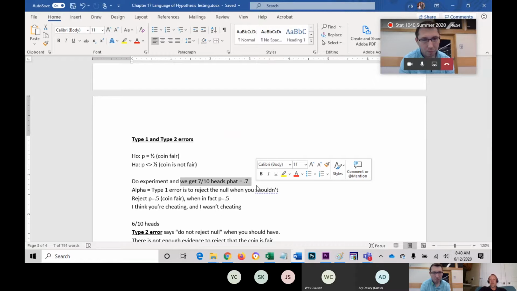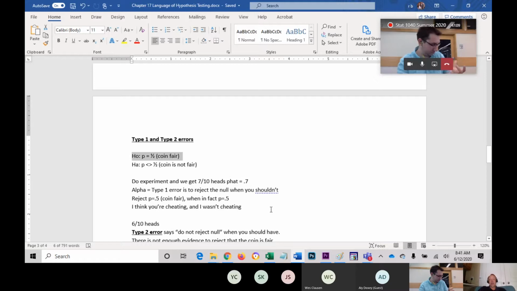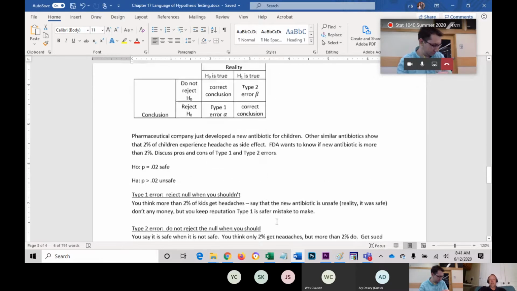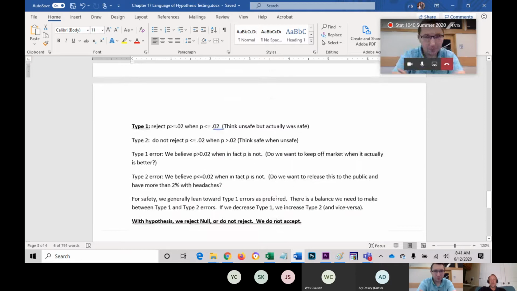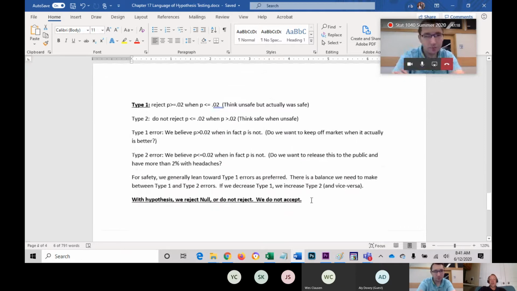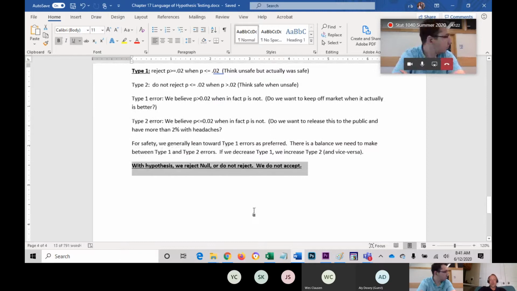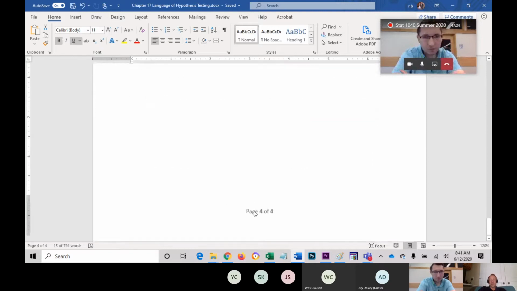So we would not accept, sorry, I just swore. We would not accept, you're supposed to laugh. We would not accept that the coin was fair. We would either reject that the coin was fair or we would not reject. This is one of those weird things that statisticians do, is we reject or we do not reject the null. We never accept.